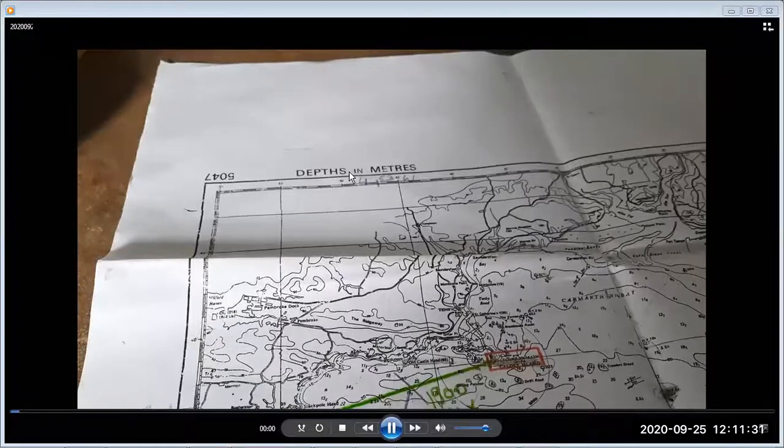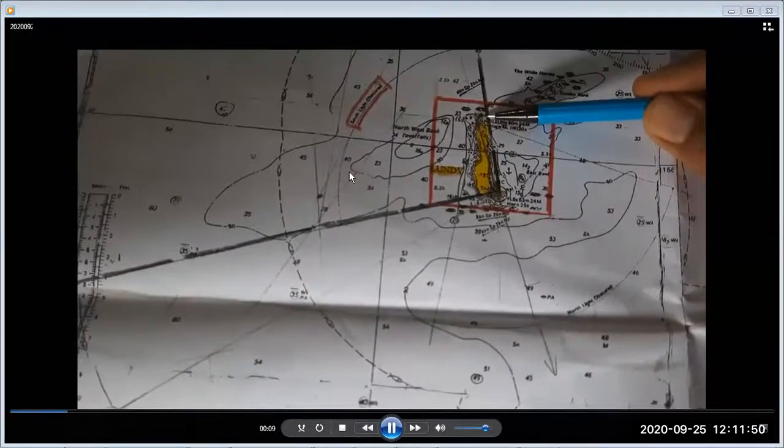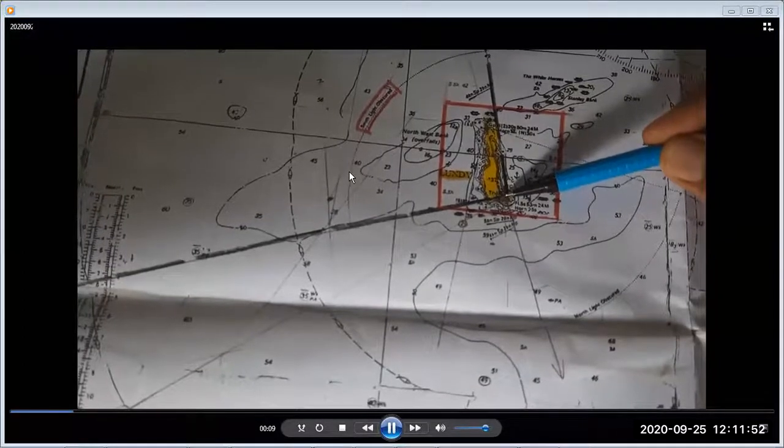So we are back on this chart 5047, where you can see this is Lundi Island, and it has 2 lighthouses, north and south. This we will take as North Lundi light, and this we will take as South Lundi lighthouse.